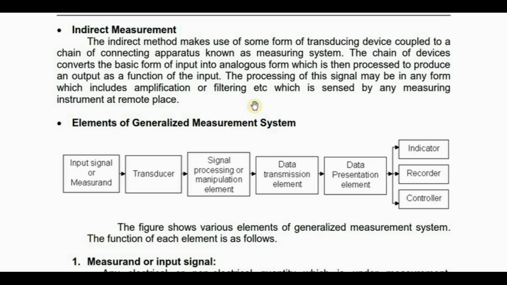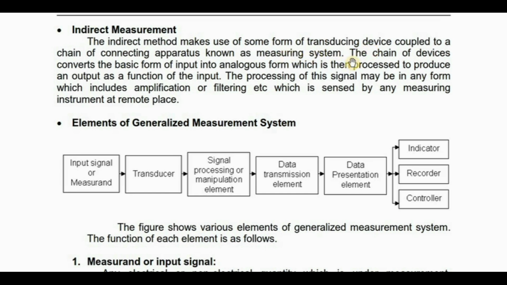Okay, so different parameters are of different units. Now instead of measuring these parameters directly in their units, we are going to use a transducing device. What is a transducing device? This transducing device will convert the actual quantity into its analogous form, like a current or a voltage.